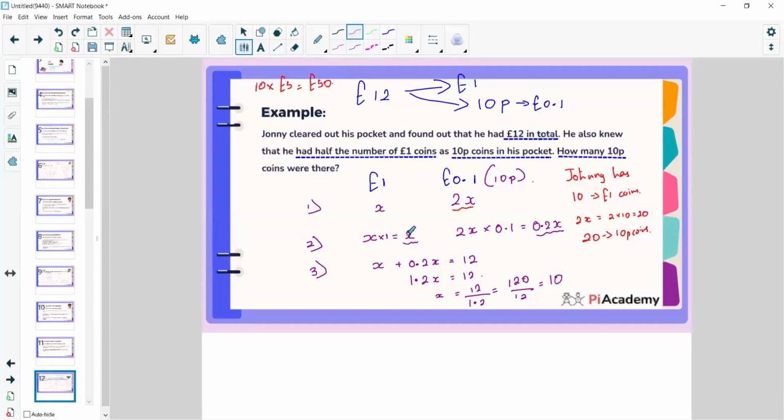Similarly, if I have x 1-pound coins, the total would be x times 1, which is x. If I have 2x 10p coins, total would be 2x times 10p. But converting 10p in pounds, it would be 2x times 0.1, which is 0.2x. Right? Makes sense? Yeah, all right.